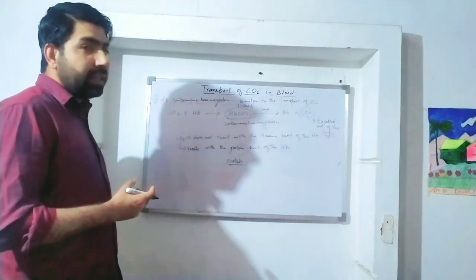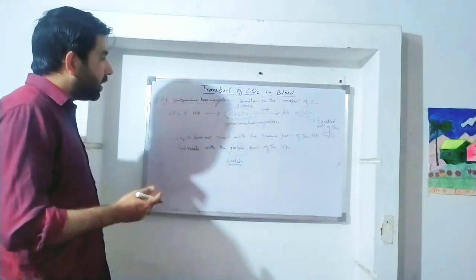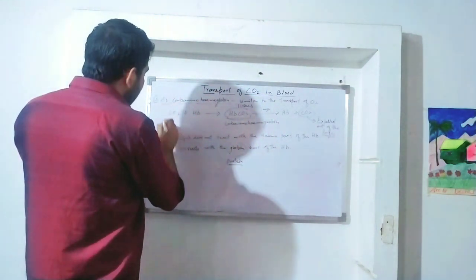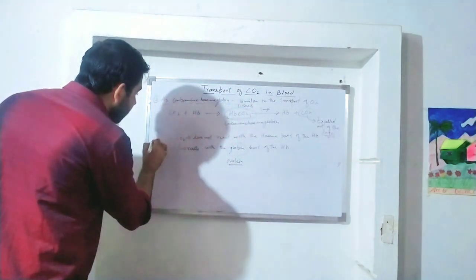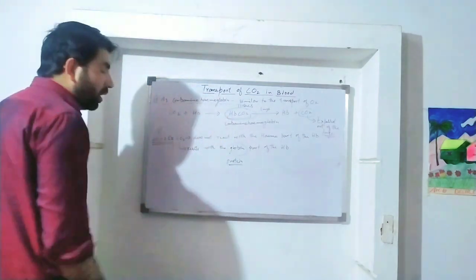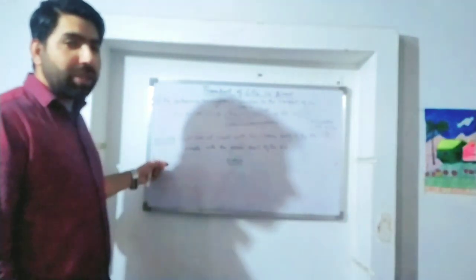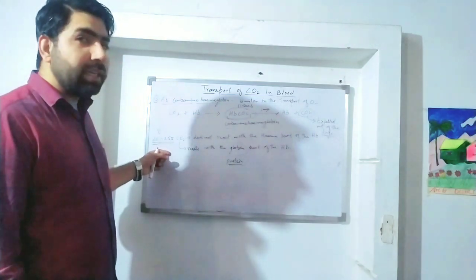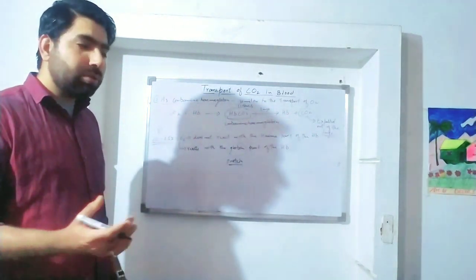As bicarbonate, about 70% of the carbon dioxide is transported, and in carbaminohemoglobin form, about 20 to 25% of the carbon dioxide is transported, which makes about the total of 100%. So the whole of the carbon dioxide is transported from the tissues to the lungs.